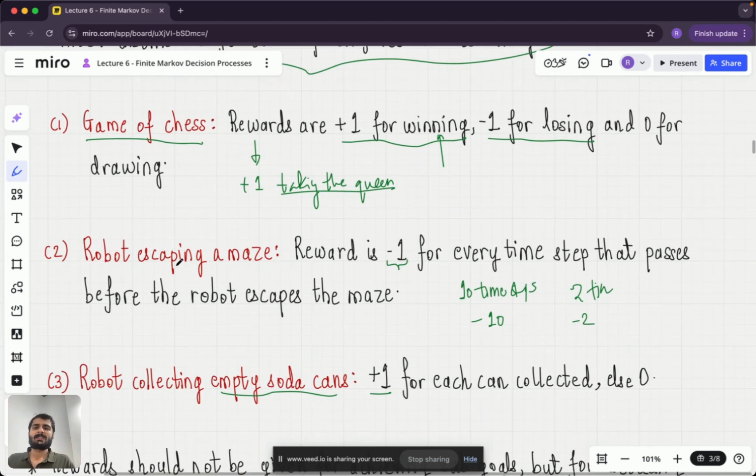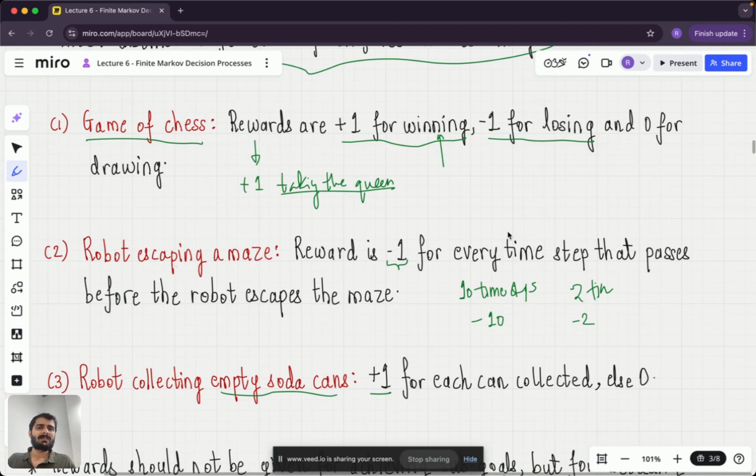If I want to make a robot escape a maze as fast as possible, then the reward is going to be minus one for every time step that passes before the robot escapes the maze. Why is the reward minus one for every time step? Because as the time steps increase, your reward is going to be more and more negative.